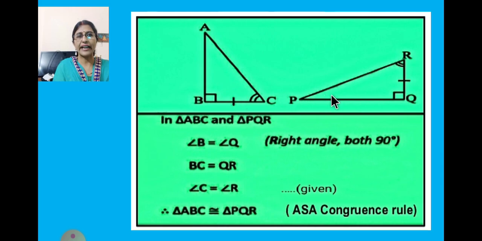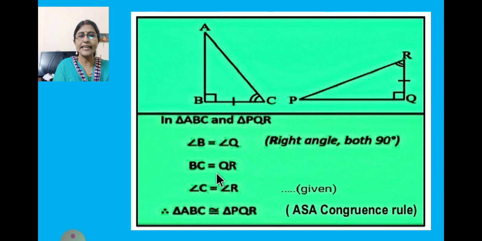So again these two triangles are drawn here. In triangle ABC and triangle PQR, you can see here angle B is equal to angle Q. Both are 90 degrees. Angle B is 90 degrees, angle Q is also 90 degrees. It is given. And then what else can we write? Now this is the side, the additional pair which we have thought of taking.